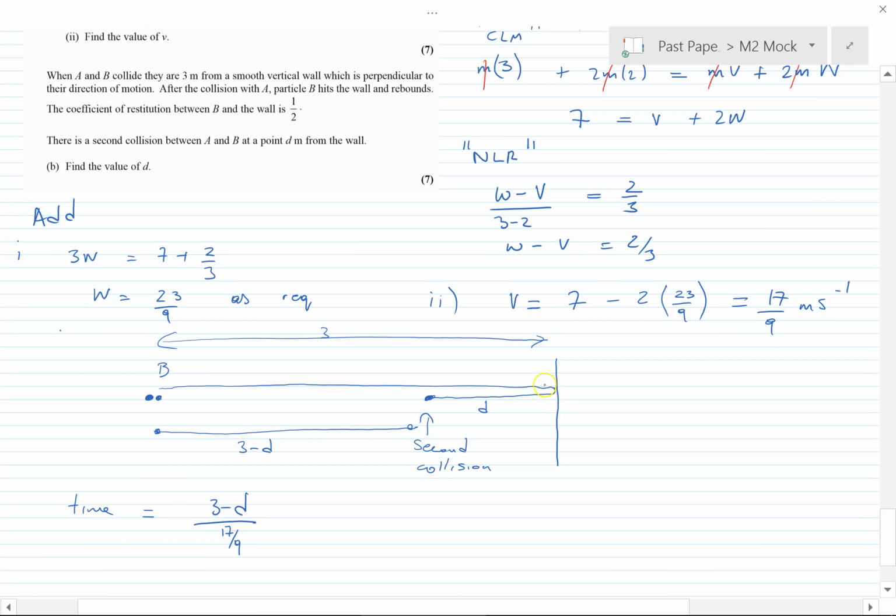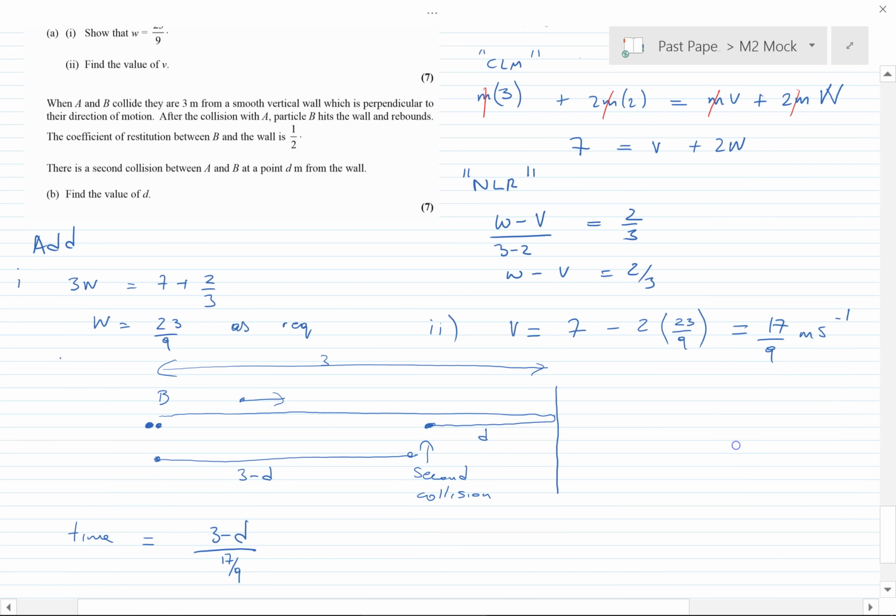Now this is important because during this part it's going with speed 23 over 9. But we're told that the coefficient of restitution with the wall is half, so it's going to rebound with speed 23/18.